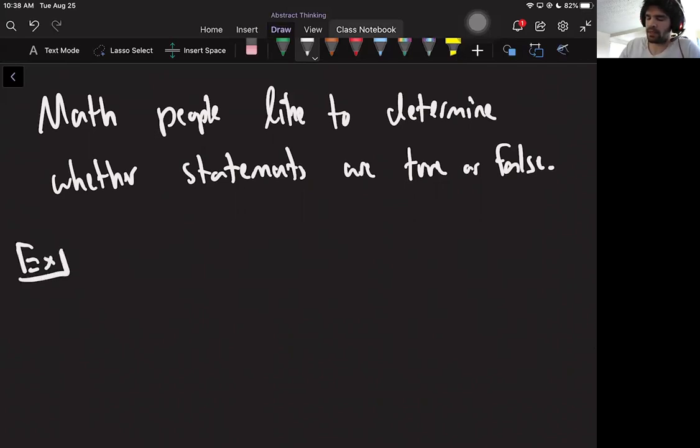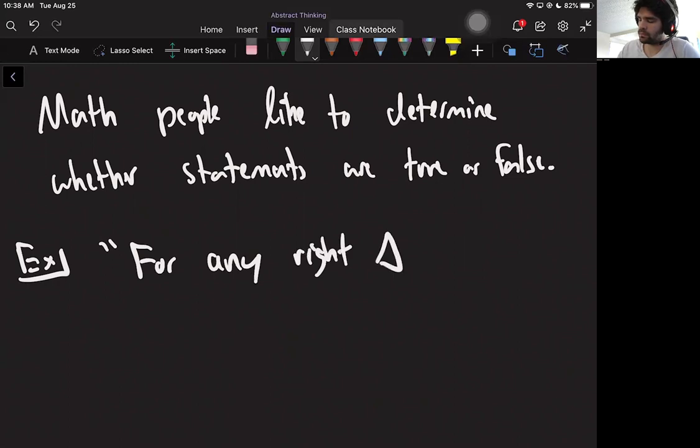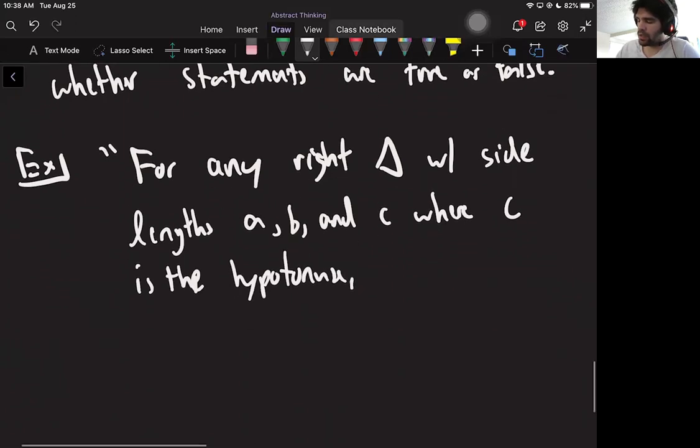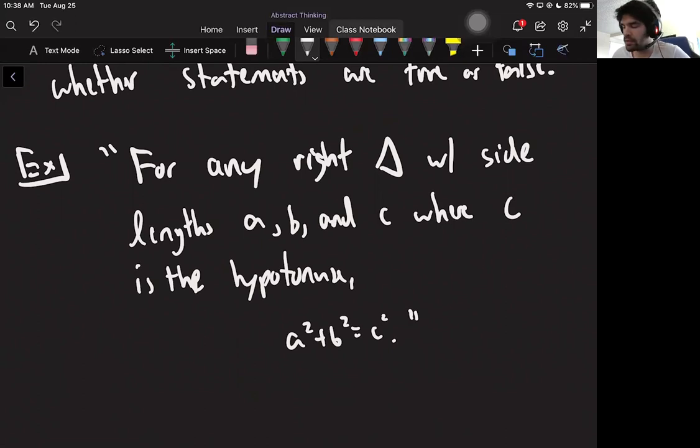So I'll write down another statement that's similar to the one I wrote above, and this one will be true. For any right triangle with side lengths A, B, and C, where C is the hypotenuse, A squared plus B squared equals C squared. This statement is something that you have probably seen before.